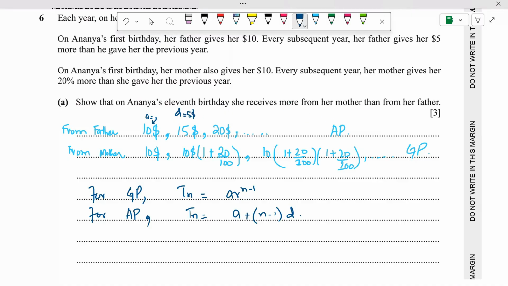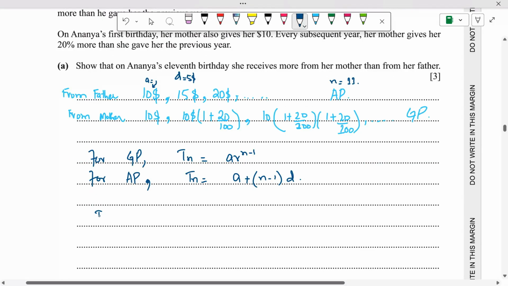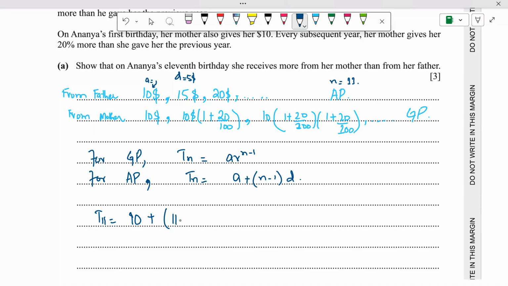We need to find the 11th birthday, so n is 11. T11 is equal to a, which is 10, plus 11 minus 1 times d, which is 5. So this is equal to 10 plus 50, which is $60. So on the 11th birthday, her father gave her $60.